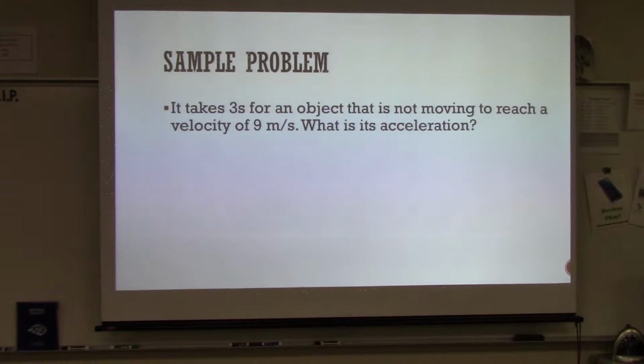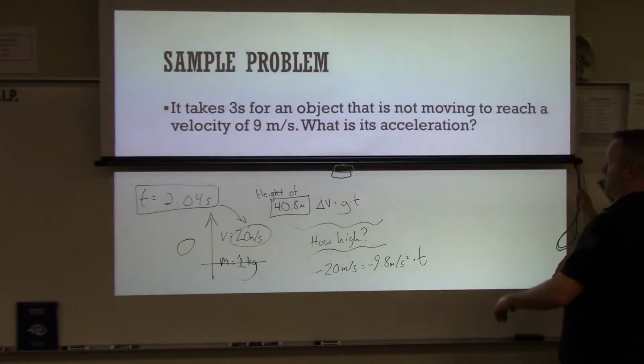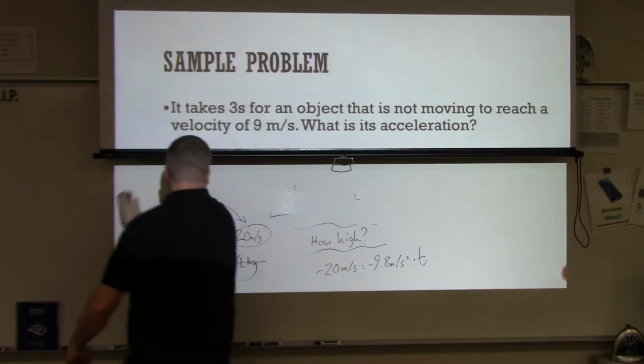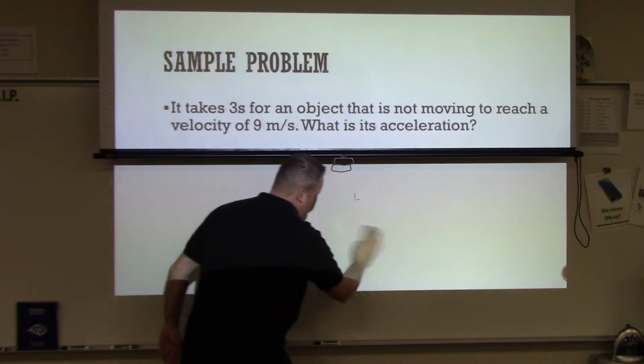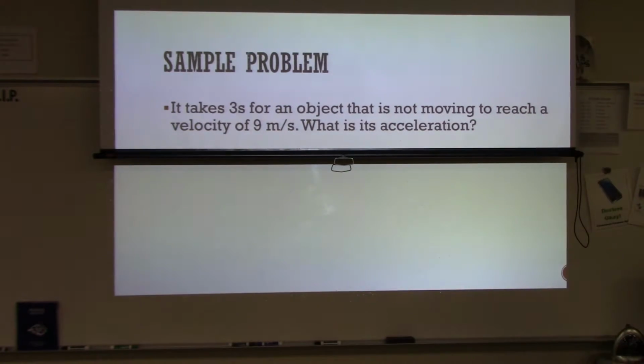So looking at a sample problem. It takes 3 seconds for an object that is not moving to reach a velocity of 9 meters per second. What is its acceleration? So looking at how we're going to solve that, let me erase some things over here. I always like to start by writing down the formula first before I do anything else.